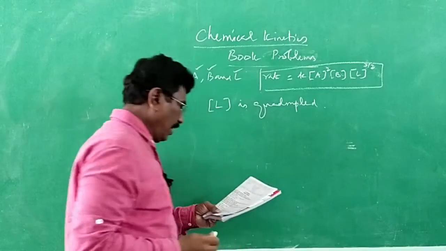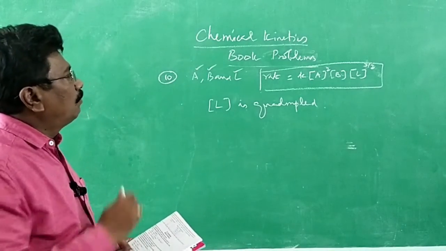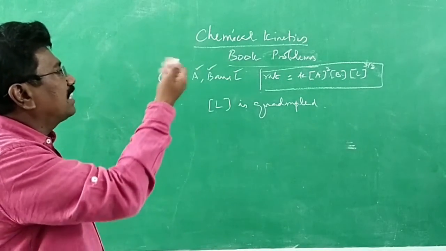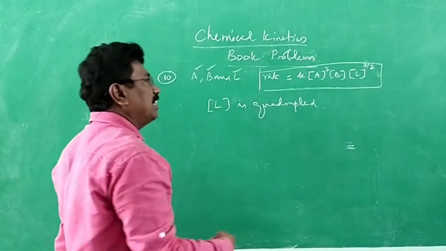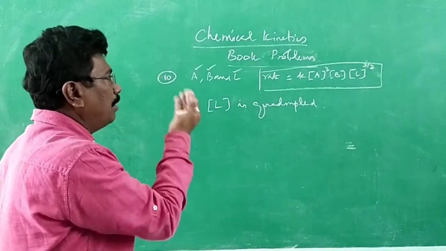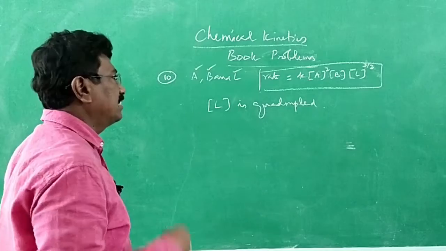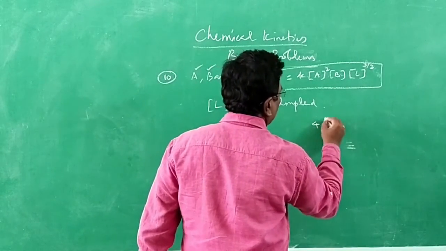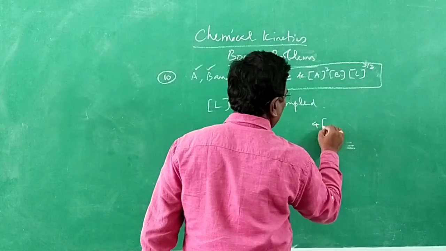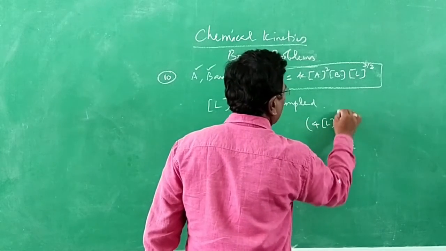All right. The concentration of L is made 4 times. It can be discussed mathematically. For a 1 mark question, it need not be discussed mathematically, we can just say. If L becomes 4 times, it is 4 times L to the power 3/2.